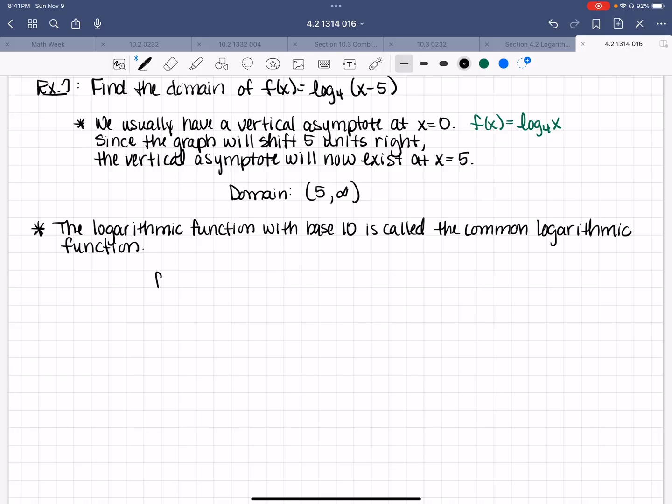It looks like f of x equals log base 10 of x, but it's used so often that we don't actually write the base 10 there. It is expressed as f of x equals log of x. If you don't have a base written down there, it's assumed to be 10.